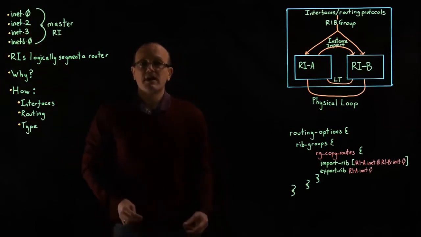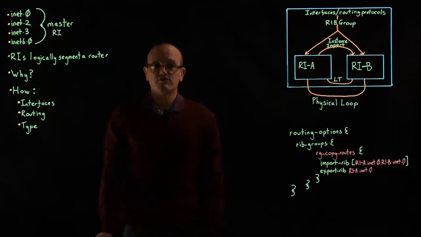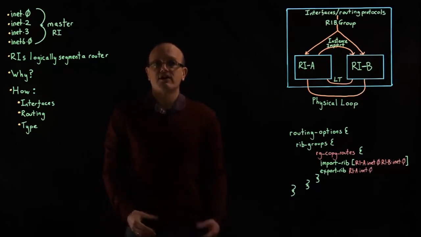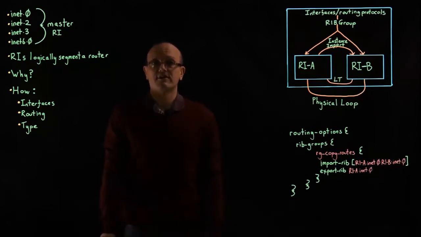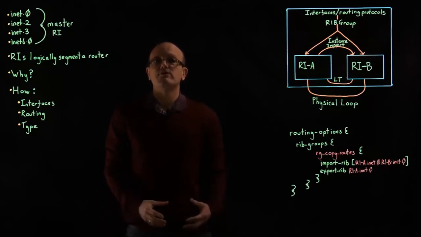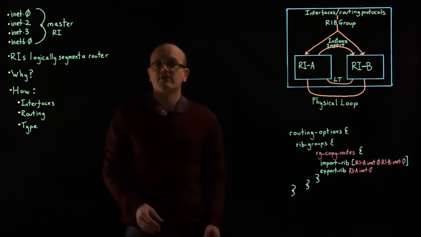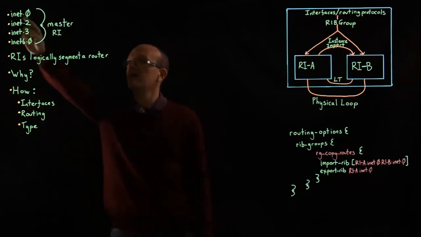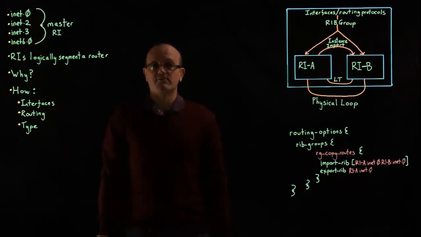inet.2 is a routing table sometimes used for RPF checks for multicast traffic. So that's RPF checks against multicast sources when you don't want to be performing those RPF checks using your main inet.0 routing table.